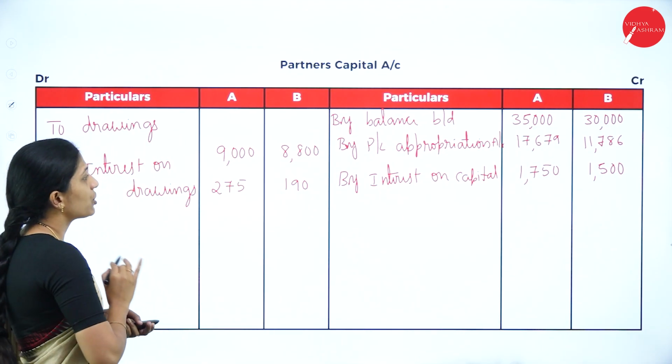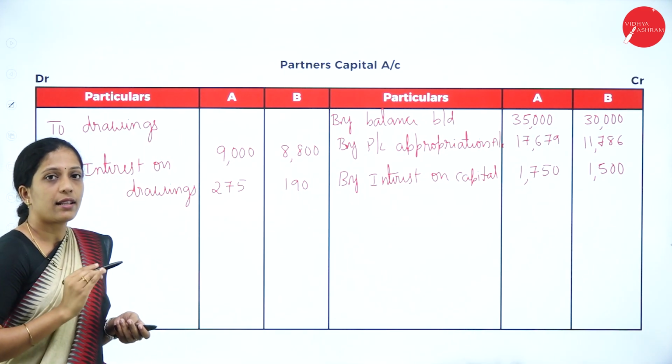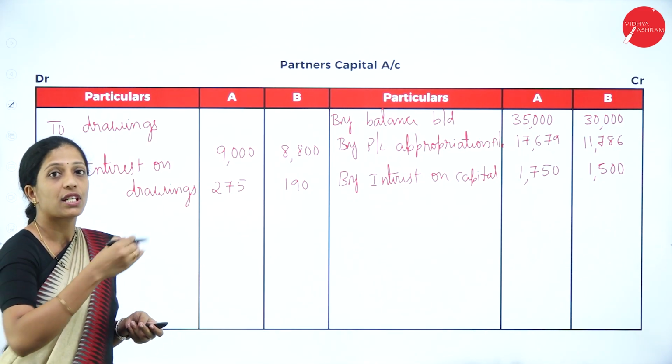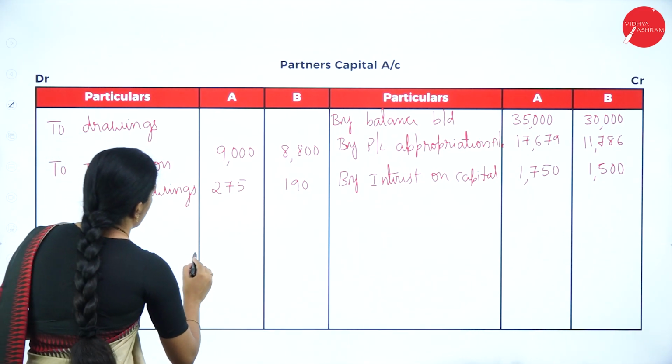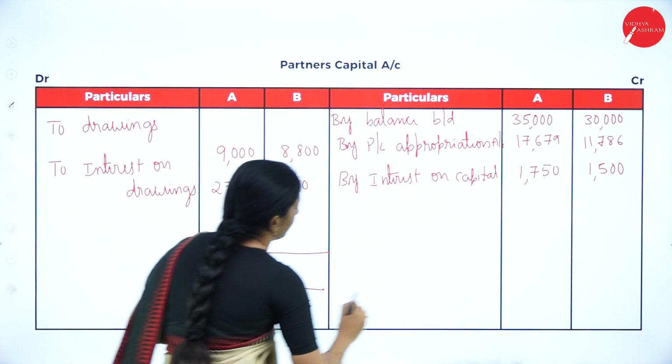So only this much. Now you have to balance both the sides, and the balancing figure has to be carried down, which has to be shown in the balance sheet. Now balance both the sides.